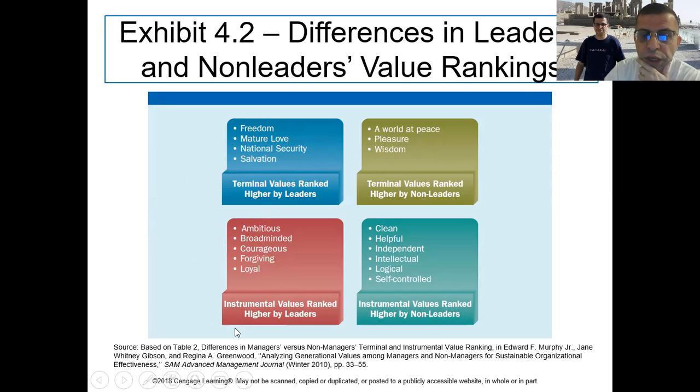Now, instrumental values ranked higher by leaders are ambitious, broad-minded, courageous, forgiving, and loyal. On the other hand, instrumental values ranked higher by non-leaders are clean, helpful, independent, intellectual, logical, and self-controlled.